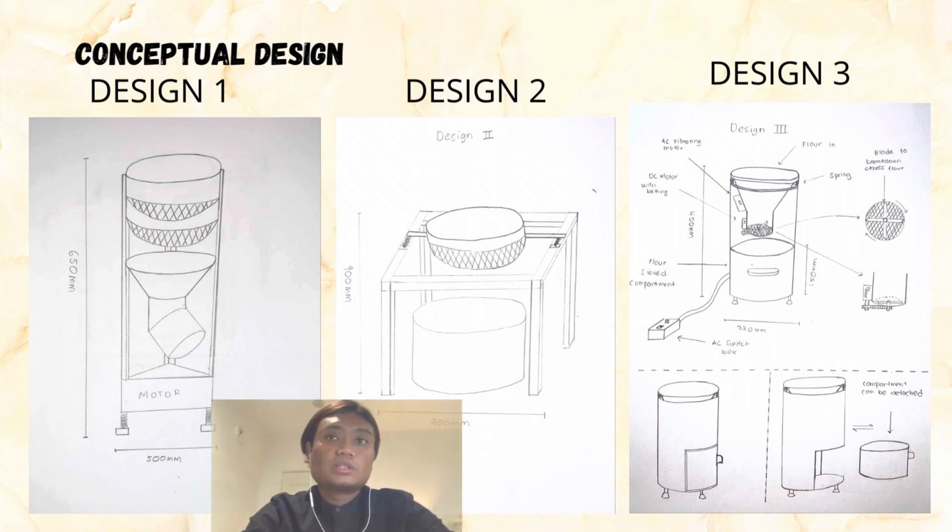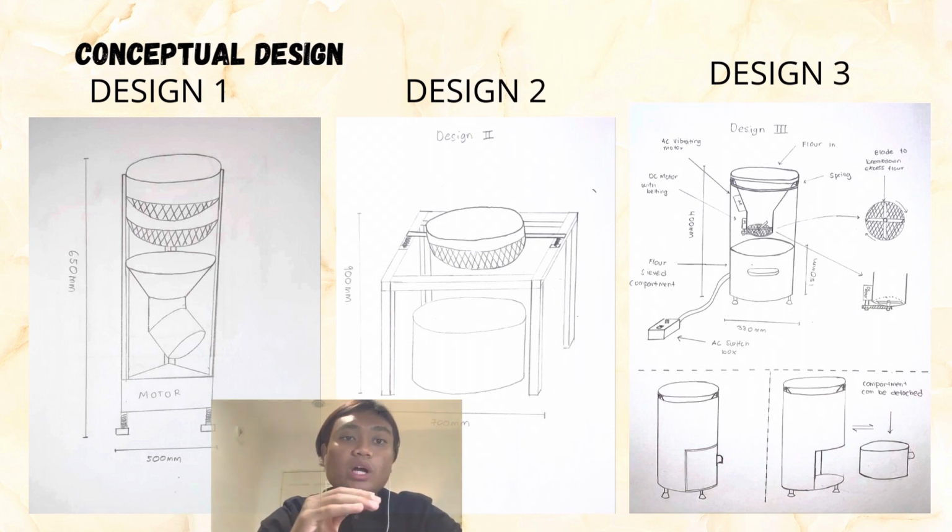And last is design three. So the concept design for design three shows that the design comes with a more modernized and aesthetic look. It also comes in a medium size, about 400 mm of height and 330 mm of width. The sieve comes with three separated bodies.